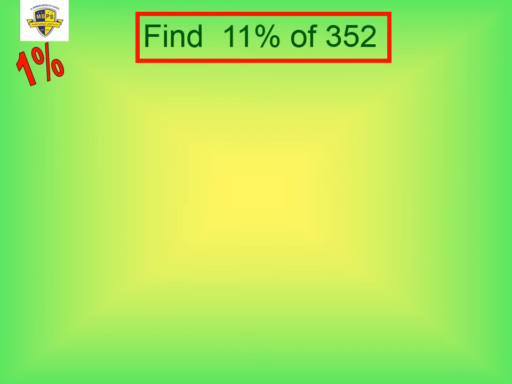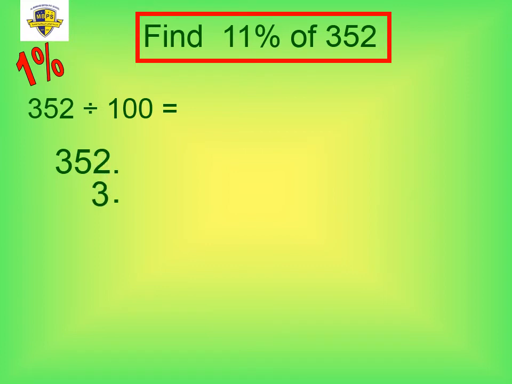We divide by 100. Excellent. Let's divide 352 by 100, shift the digits 2 places to the left, so this is 3.52. Good. So now we found 1%.